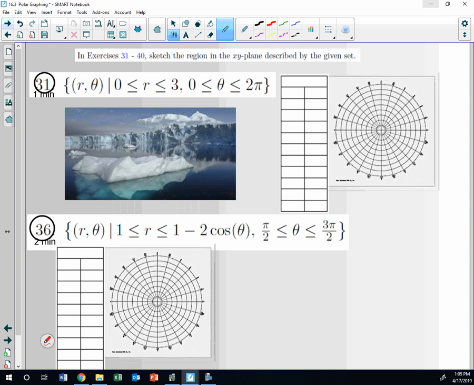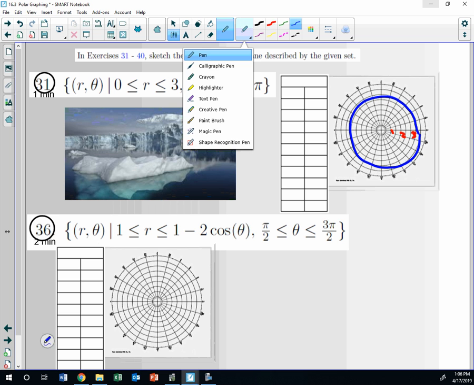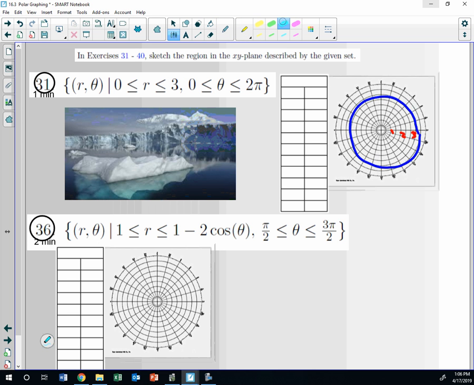And then this is the set builder notation where r is between 0 and 3. So let's say this is 1, 2, 3, and 3 is this circle. R is between 0 and 3, and theta is between 0 and 2 pi. So if it's 0 to 2 pi, I'm going to shade in what?